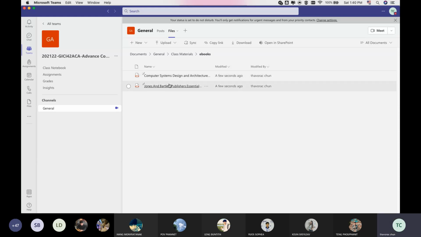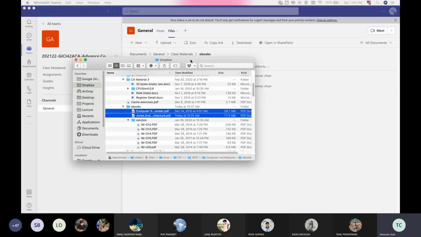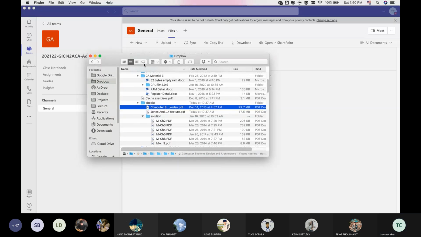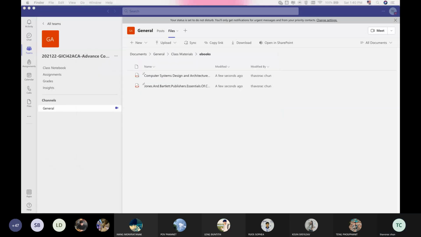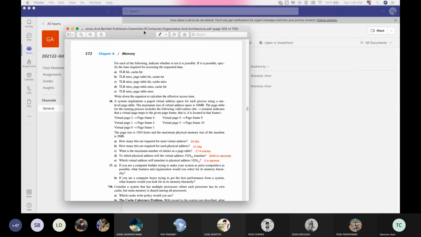So you had better read these two ebooks. For now, we are going to look into this ebook. You can download it from the class material, and then we can look at it together.